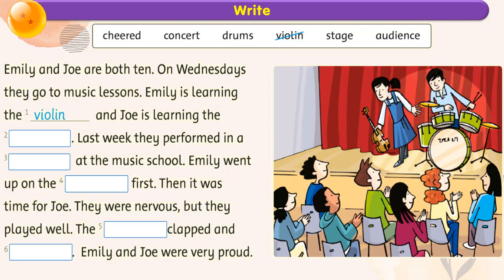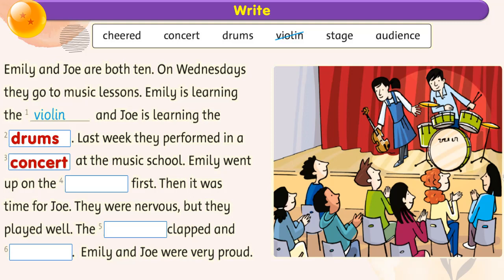Emily is learning the violin and Joey is learning the drum. The violin is a musical instrument, and this one is also a musical instrument. The drum. Joey is learning the drum. Last week they performed in a concert. Where did they perform? They performed in a concert.